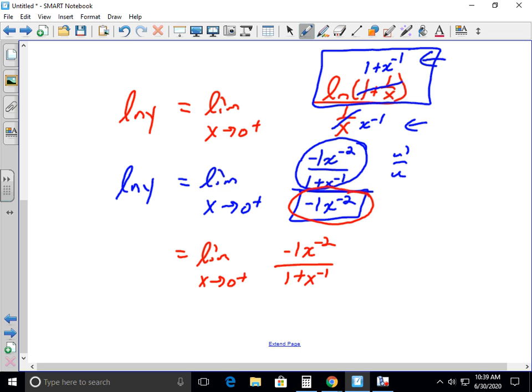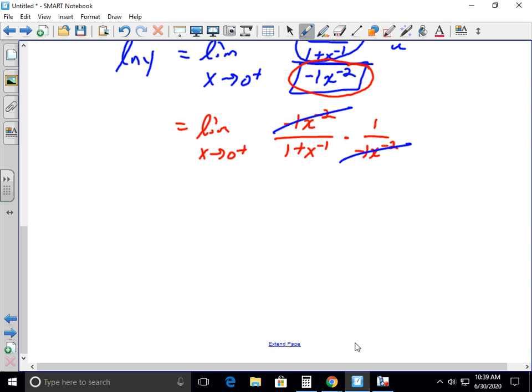Instead of dividing by that, let's multiply by the reciprocal so that we can see that those cancel. So we have the limit as x approaches 0 from the right side of 1 over 1 plus x to the negative 1, or we could call that 1 over x.